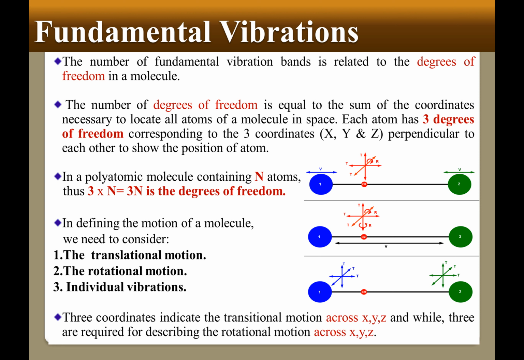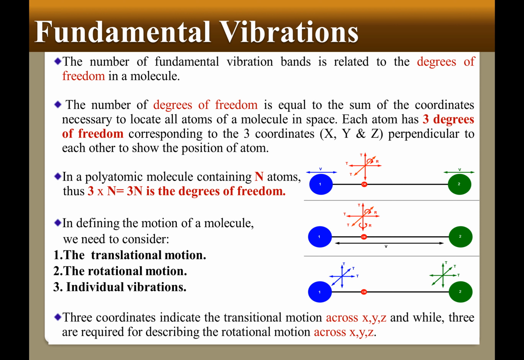Others are additional vibrations or weaker vibrations, or overtones, etc. The number of fundamental vibration bands is related to the degrees of freedom in a molecule. The number of degrees of freedom is equal to the sum of coordinates necessary to locate all the atoms of a molecule in space, and each atom has 3 degrees of freedom corresponding to the x, y, z coordinates, which are perpendicular to each other.